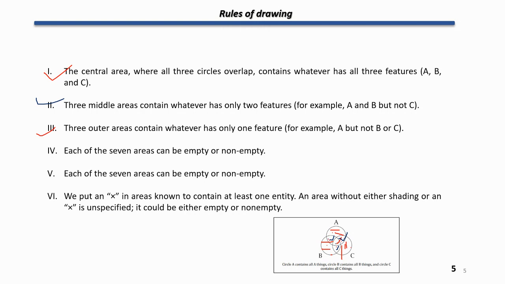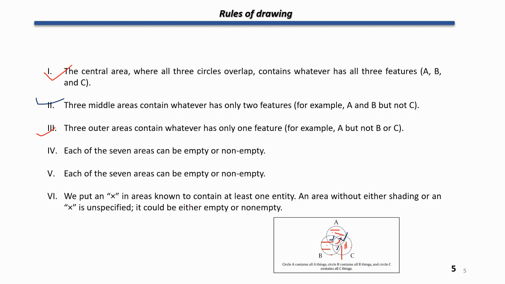Shading or darkening means no common person is there, cross means some common person is there, and nothing means that portion is unspecified, so it could be either empty or non-empty based upon the premises. So these are the basic rules of drawing these circles for solving problems in Venn diagrams.